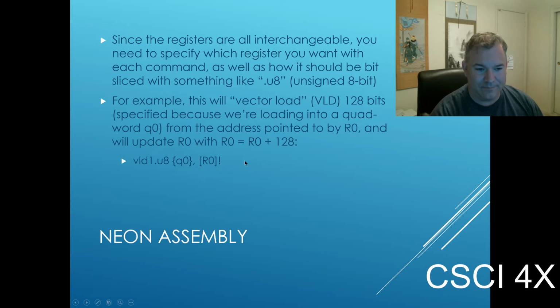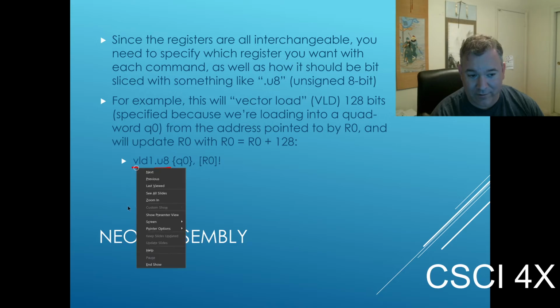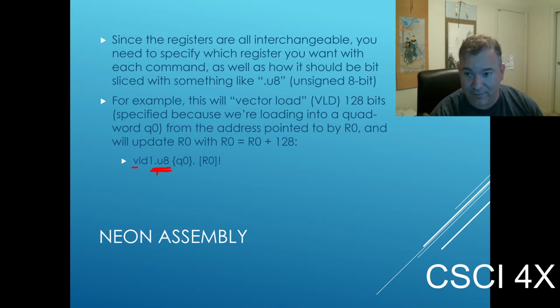Okay, so what you do when you do anything with Neon is there is a new suffix you add. All of the Neon instructions, by the way, are going to start with a V because it stands for vector processor. And so you're going to do a vector load instead of a load. You're going to do a vector add instead of an add. And all of them have a suffix on them, like .U8.